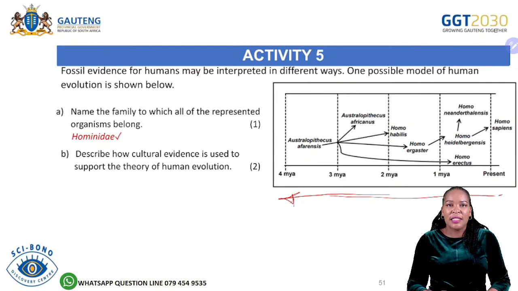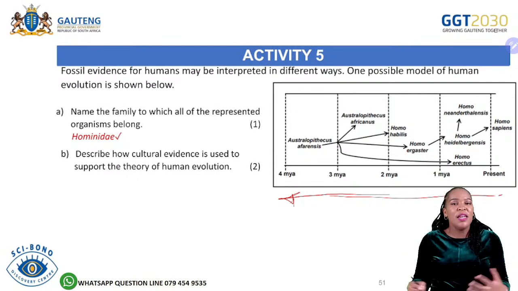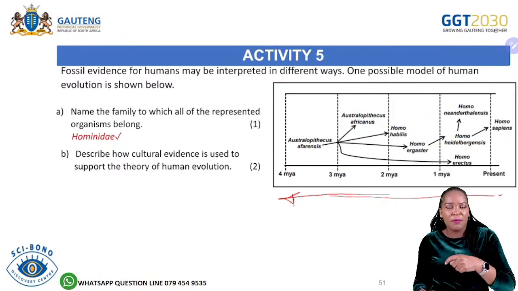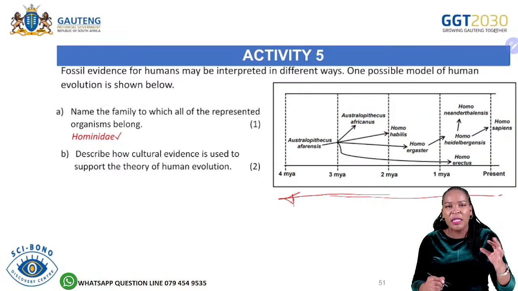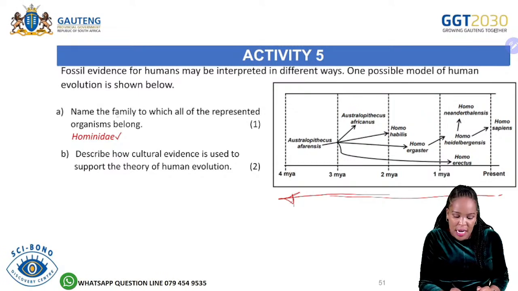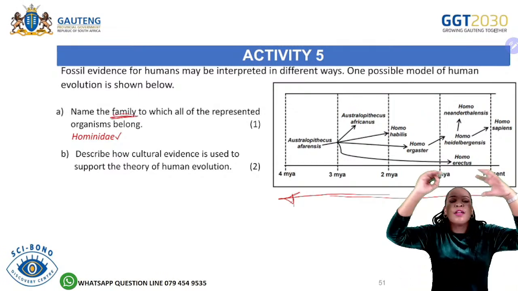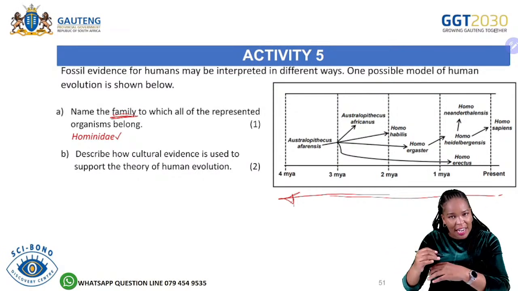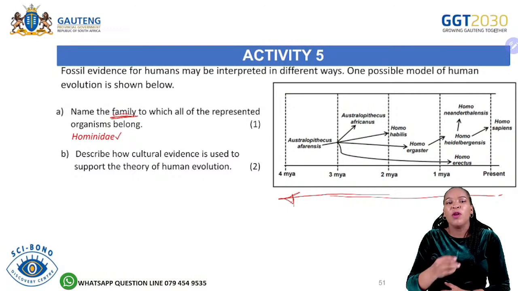Remember the spelling. We know there may be many hominid species worldwide, and you may confuse the words, but make sure you remember this one. Hominidae is the family, a big family in which all of these hominid species fall. So when you say the name of the family, it's family Hominidae.